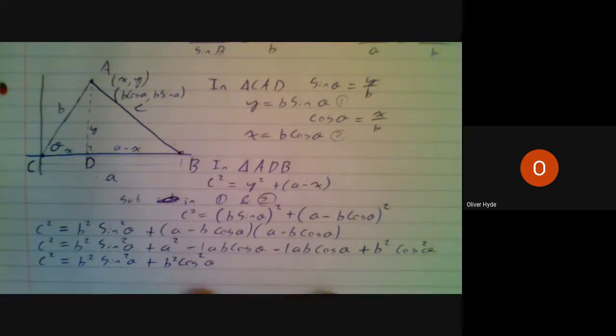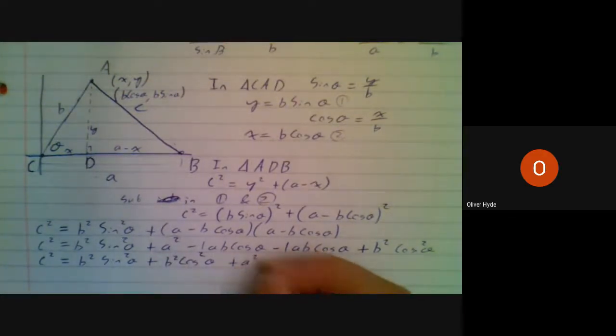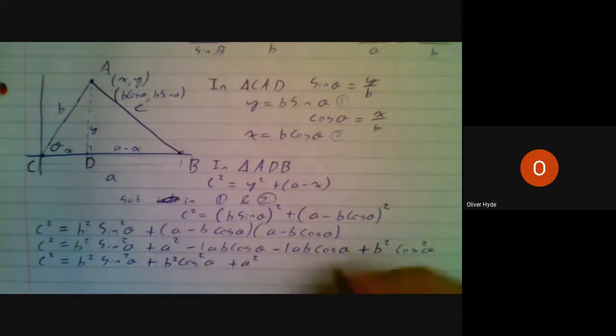I think I just misplaced it. It would have been nice to start with that a squared there. I'm not going to try to squeeze it in. So I'll write the a squared there, and then I'll collect these two terms. A negative 1 ab cos theta minus a 1 ab cos theta is going to be minus 2 ab cos theta.